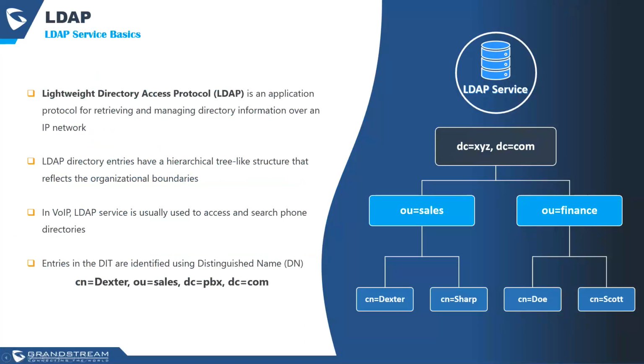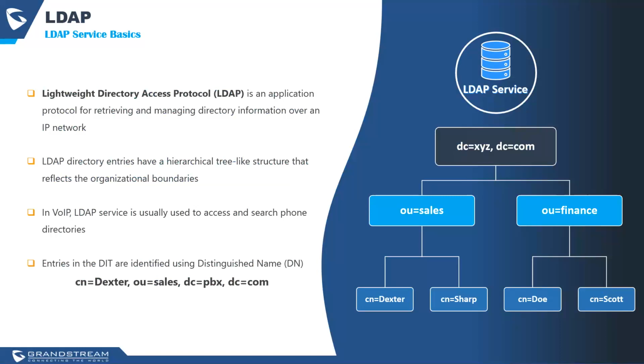So the first topic for today is LDAP, which stands for Lightweight Directory Access Protocol. LDAP is a client-server protocol used to access and manage directory information over the IP network. LDAP allows clients to search and look up directories for specific information about data entries.